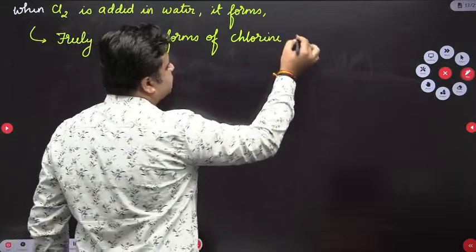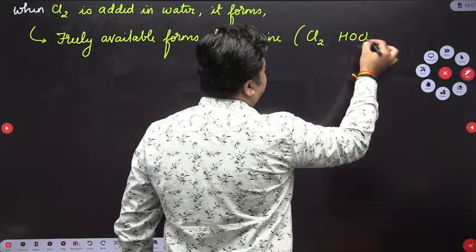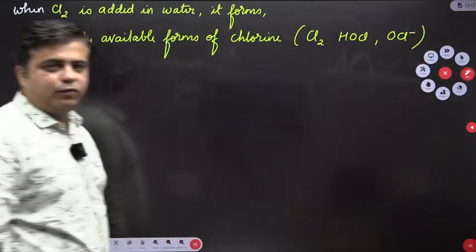That includes Cl2, HOCl and OCl minus. So these are the freely available forms of chlorine.